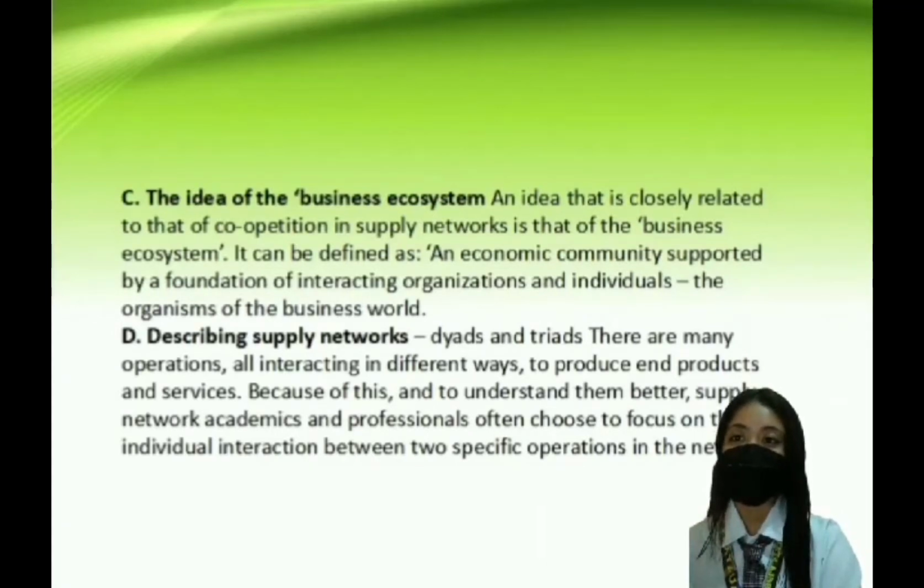This is an idea that is closely related to that of co-opetition in supply networks. It can be defined as an economic community supported by a foundation of interacting organizations and individuals, the organisms of the business world. Letter D. Describing supply networks.